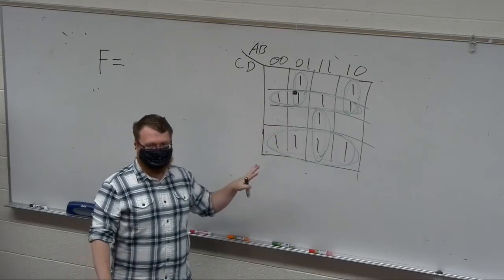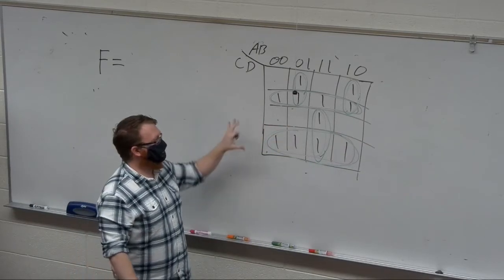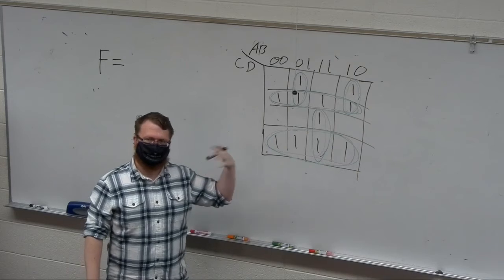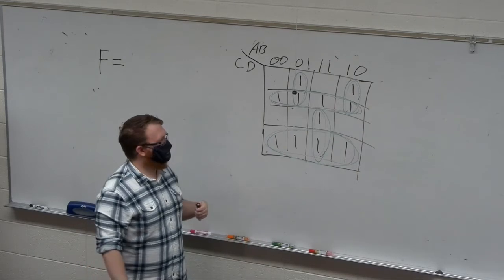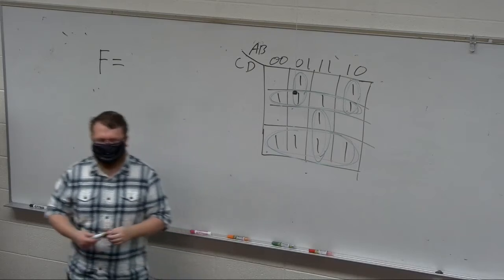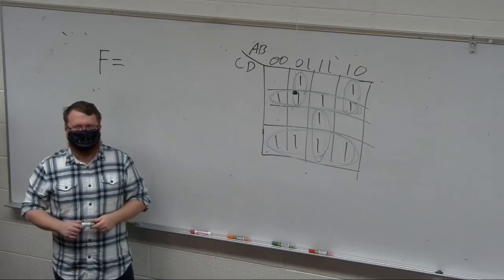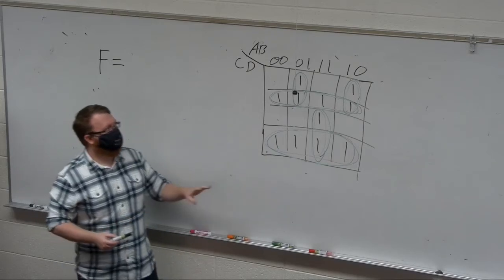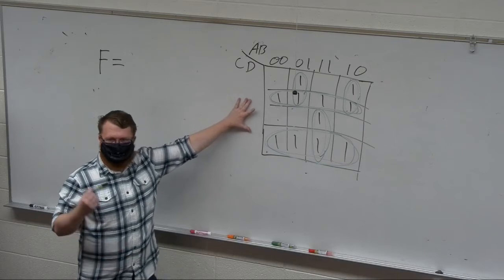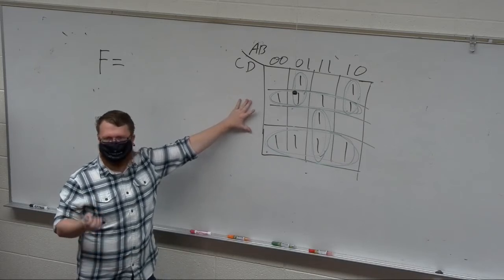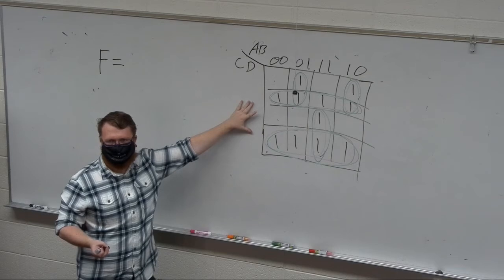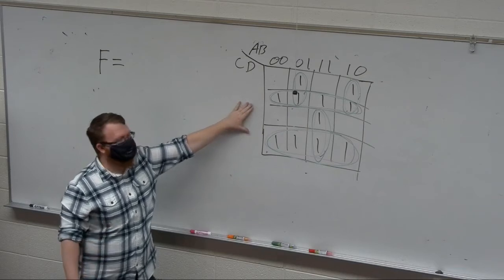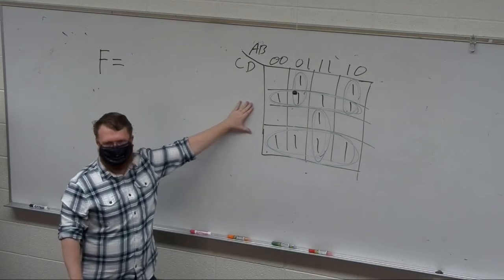It is not the only one, but this type of simplification has a particular kind of benefit to it, which I don't want to jump too far ahead. But this is the simplified term with the most optimal delay path. So if you're trying to design for speed, this is speed optimized.